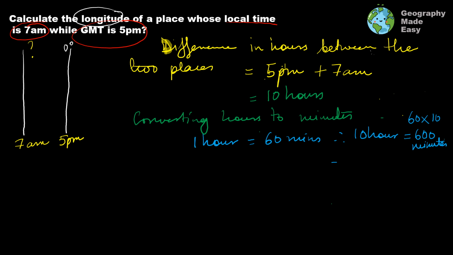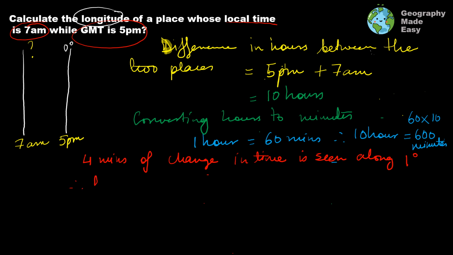Now we will go back to the old formula which we know: for every 1 degree there is a change in time of 4 minutes. I am going to write this in the reverse manner, because I am calculating the degree here, so I keep the degree on the right hand side. So I write 4 minutes of change in time is seen along 1 degree. I did this because I am using the unitary method for these sums.